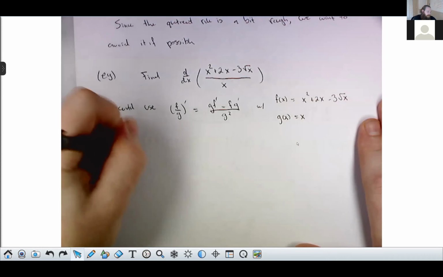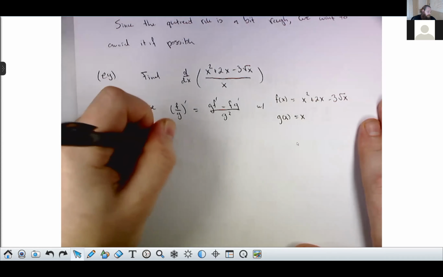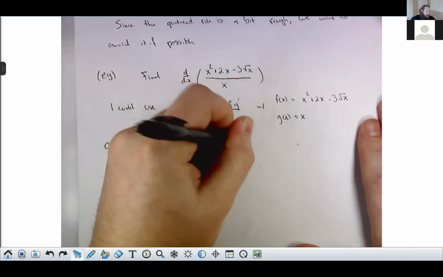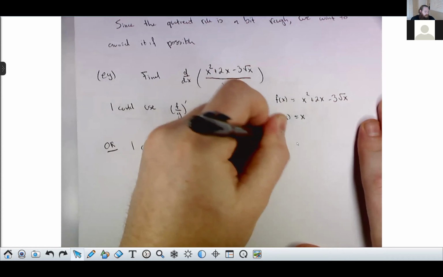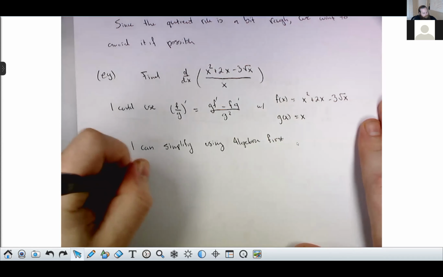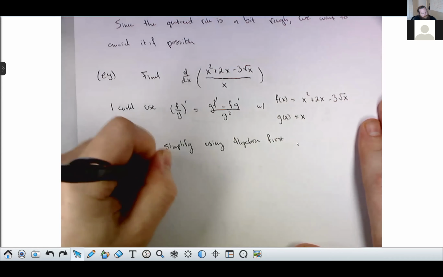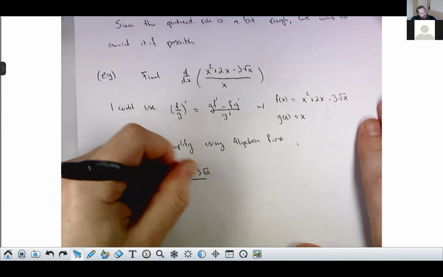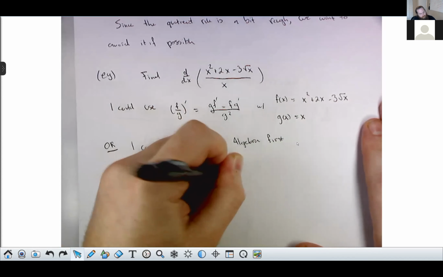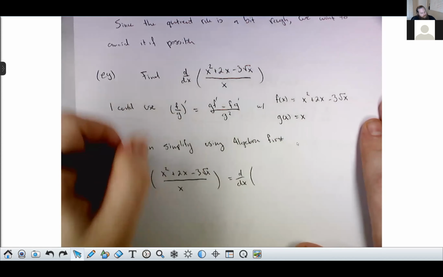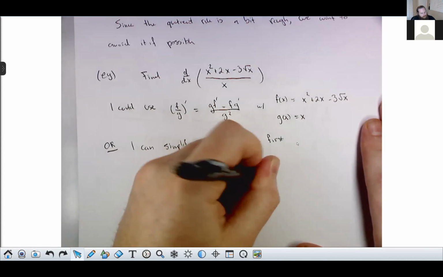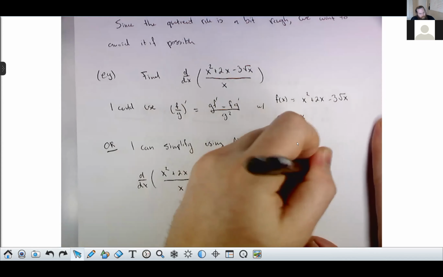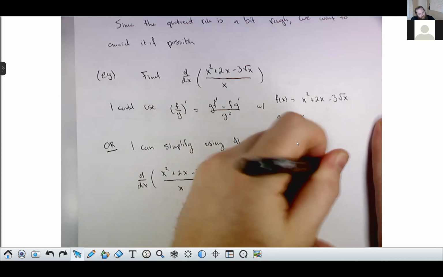Or I can use algebra first. So here, the function I'm trying to differentiate could be split up as x squared over x plus 2x over x minus 3 root x over x.